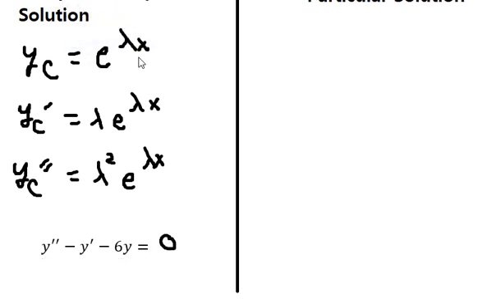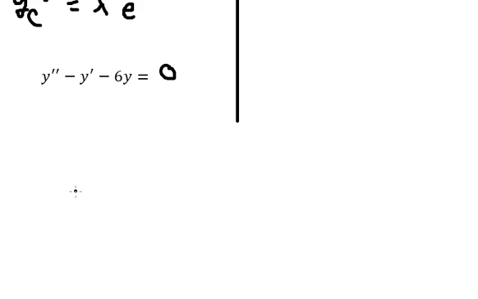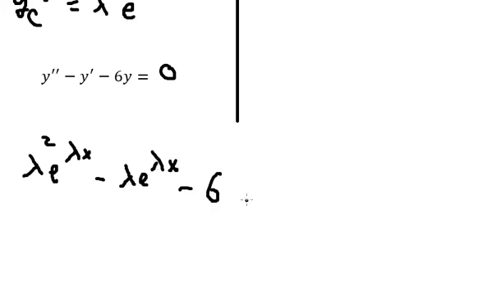So I will put this one gone here, this one gone here, and this one gone here. And we have lambda squared e to the power of lambda s minus lambda e to the power of lambda s minus 6 e to the power of lambda s equals 0.